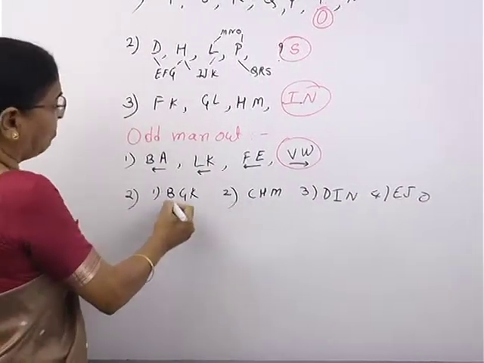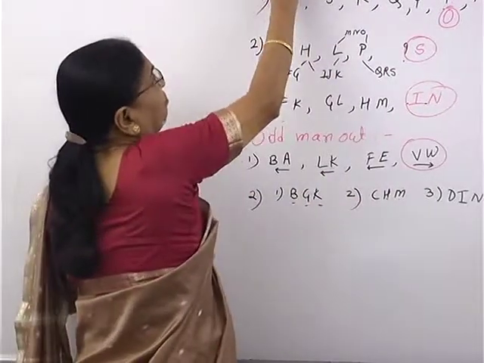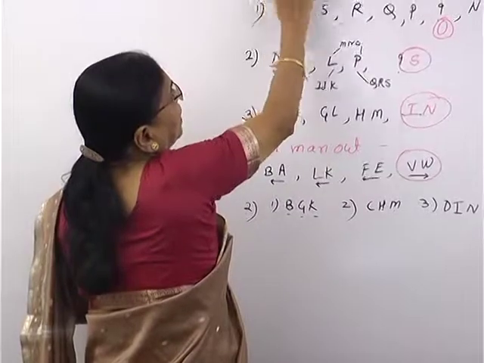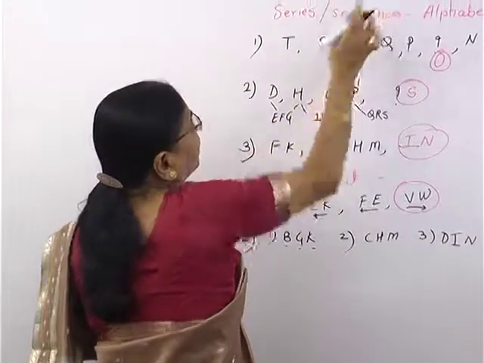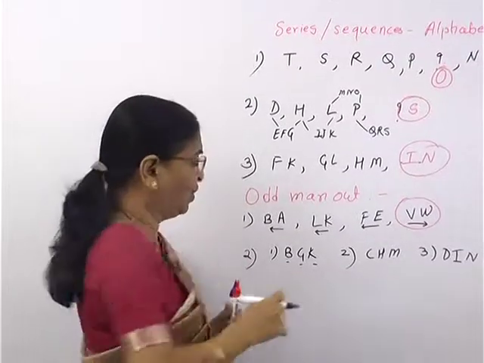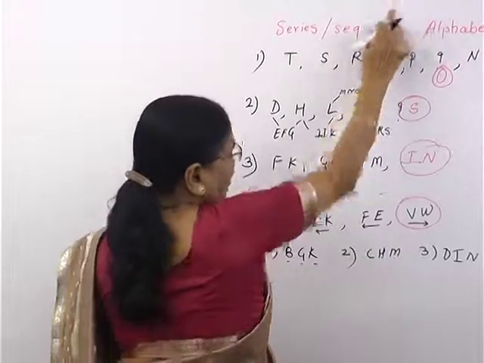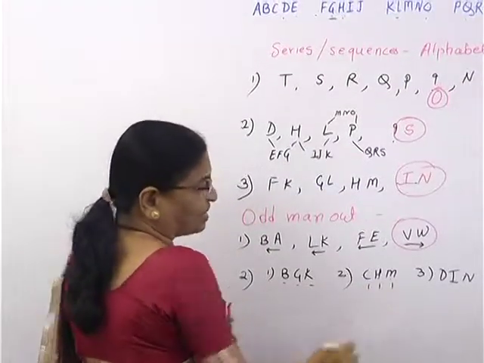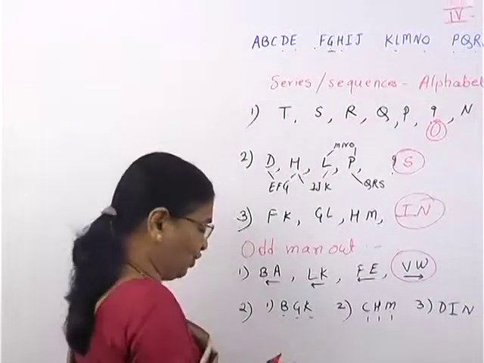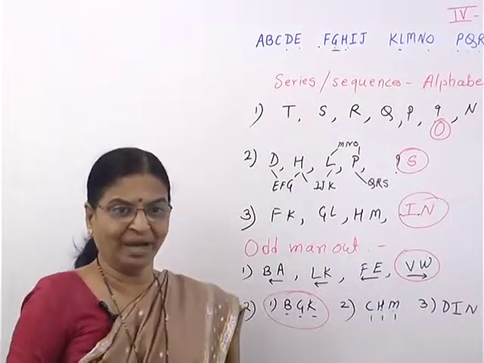It is BGK, CHM. Find out. B, here it is B, then G and K. So it is the first, second and again the first one. Okay. Then C third, H is third, M is third. So these are all the same number in each group. So again, this will be our odd man out.